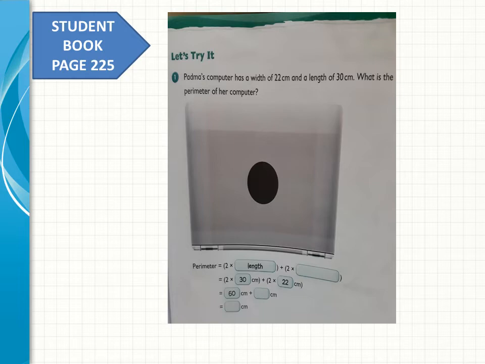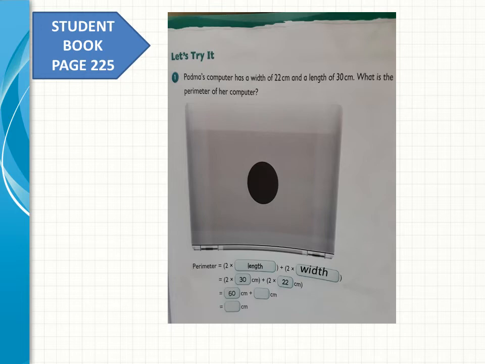So let's find the perimeter. We already have the boxes there for us to fill in. So it's 2 times length plus 2 times width. Great job. Then it's equal to 2 times 30. 30 is the length, remember? Plus 2 times 22. 22 is the width.